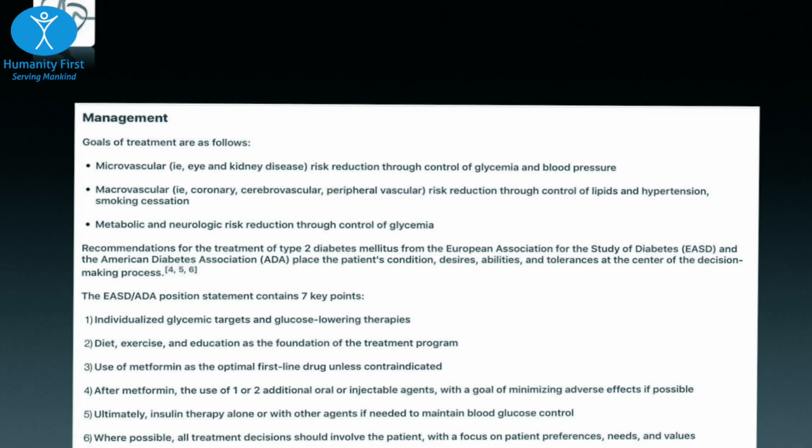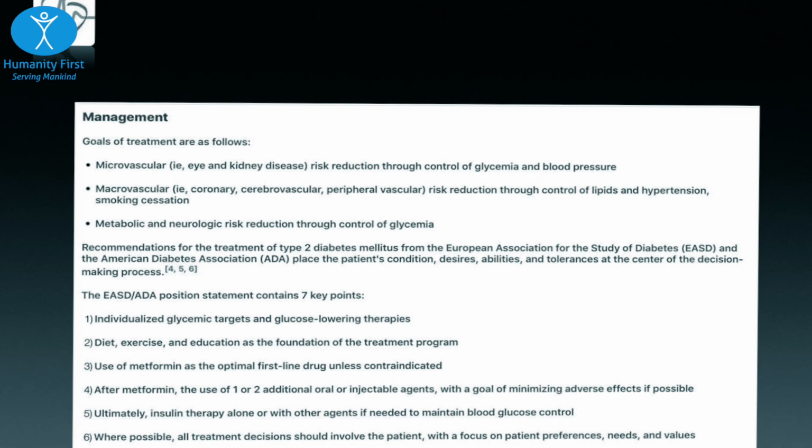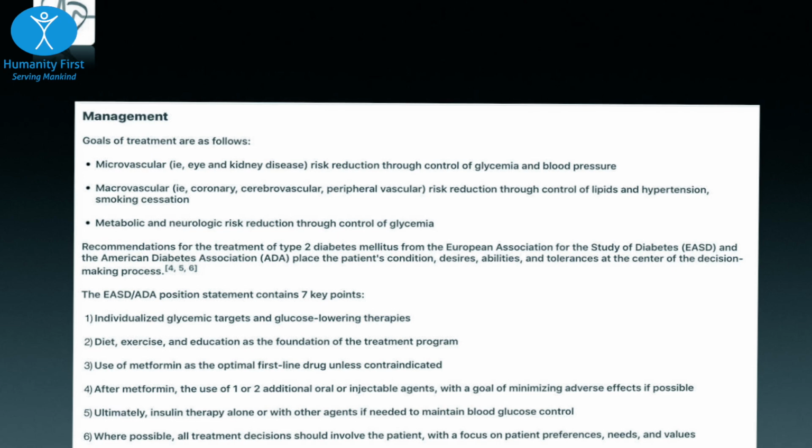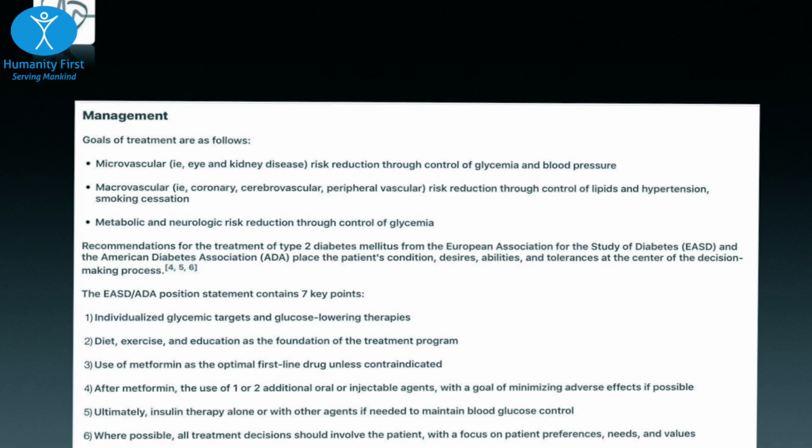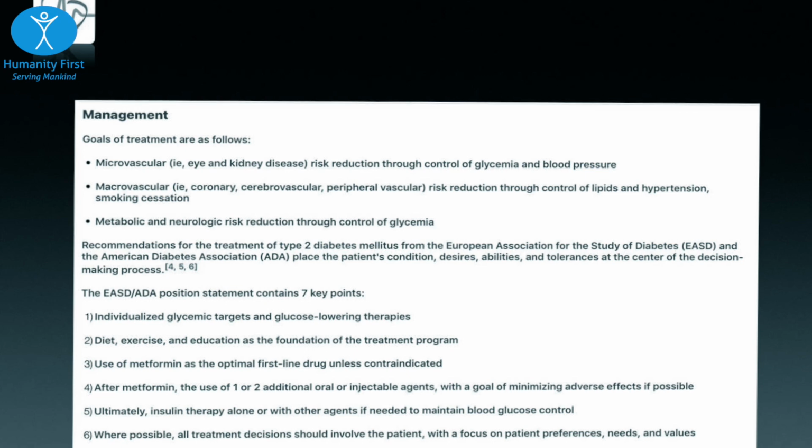contains these 7 key points: individualized glycemic target and glucose lowering therapies; diet, exercise, and education as the foundation of the treatment program; use of metformin as the optimal first-line drug unless contraindicated.